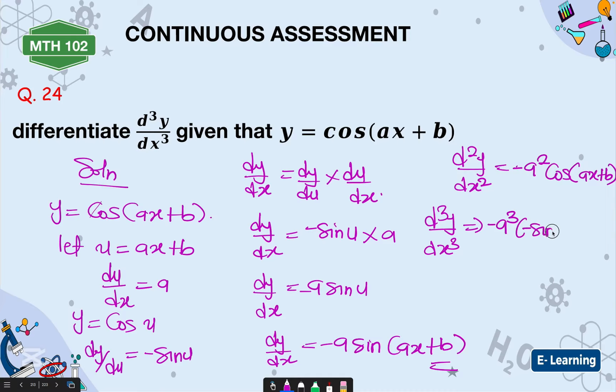Minus sine. Then write everything again, ax + b. So our third derivative will be minus times minus, which gives us plus a to the power of 3 sine(ax + b). And that is the answer to that question.